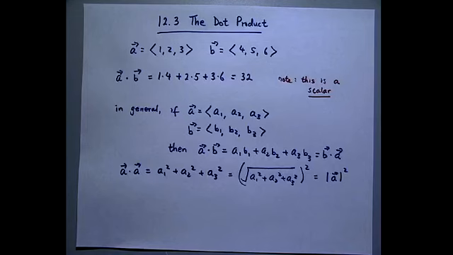It turns out that if you dot them together, if you do A dot B, what you also get out is the magnitude of A times the magnitude of B times the cosine of that angle. So this is a very important formula to remember.